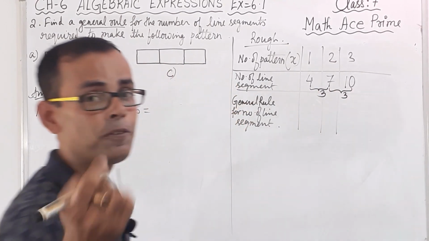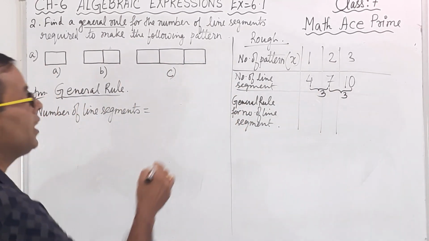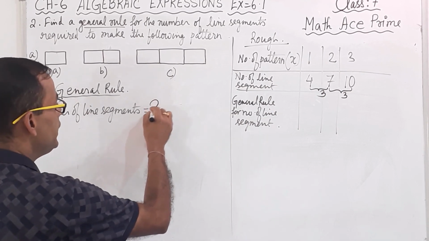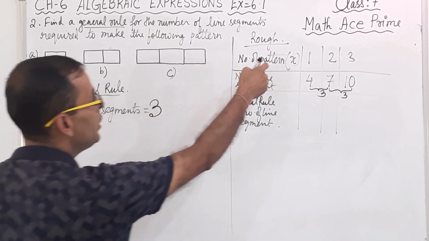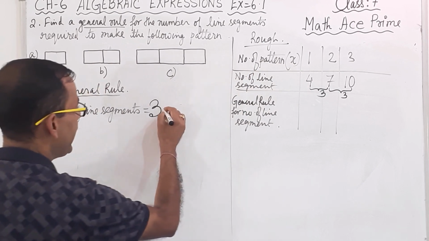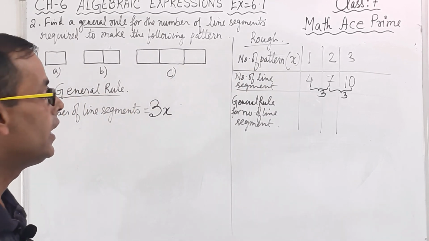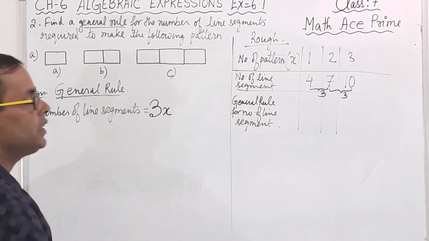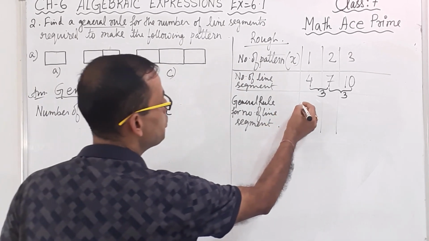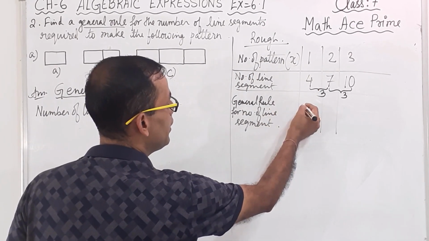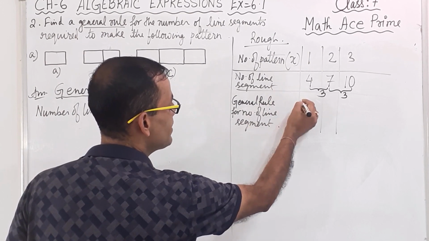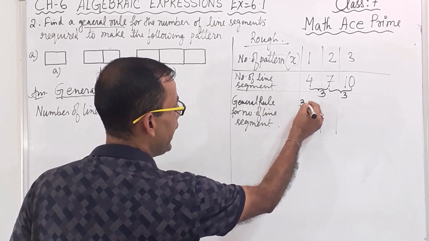So 3 difference is coming. So what I will do here, 3 and then number of pattern is what? x. So I will write 3x.